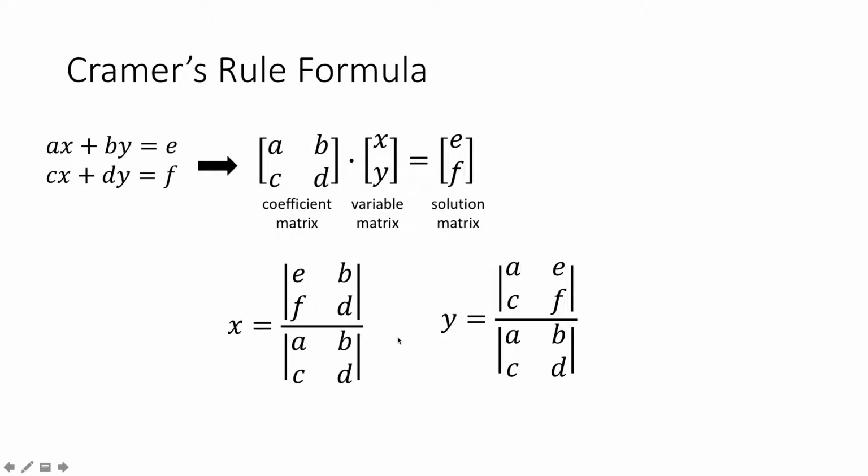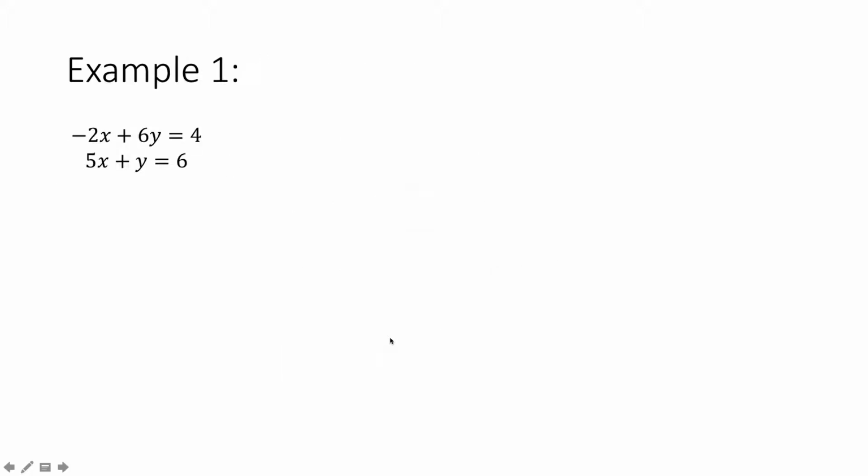Let's see what this looks like as an example. Example 1: I have negative 2x plus 6y equals 4, and then 5x plus y equals 6. The first thing I want to do is write down my coefficient matrix. My coefficients are negative 2, 6, 5, and 1.